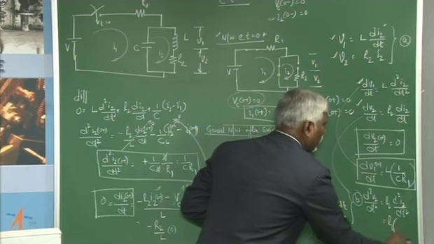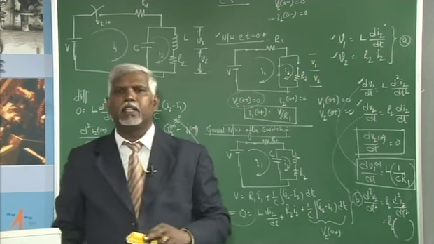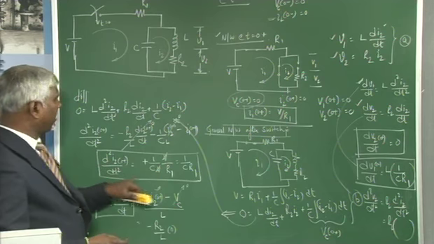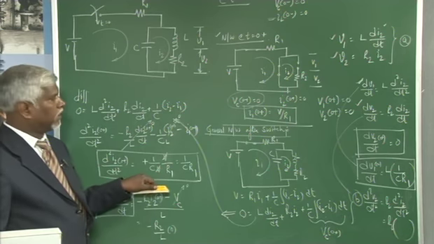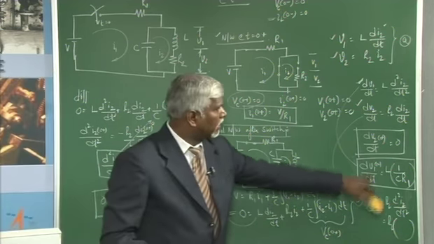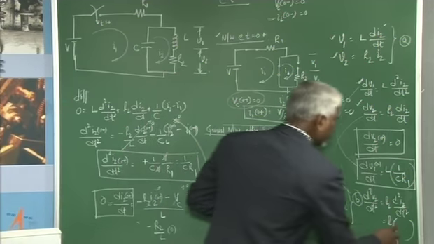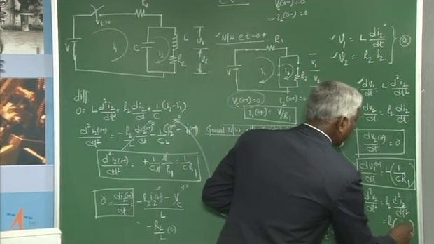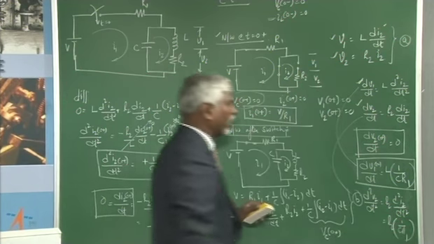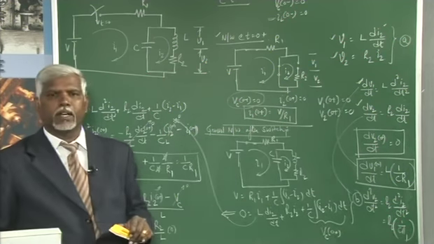Just substitute the value of d squared I2 by dt squared, which is 1 by C R1 times V, and you will get d squared V2 by dt squared.